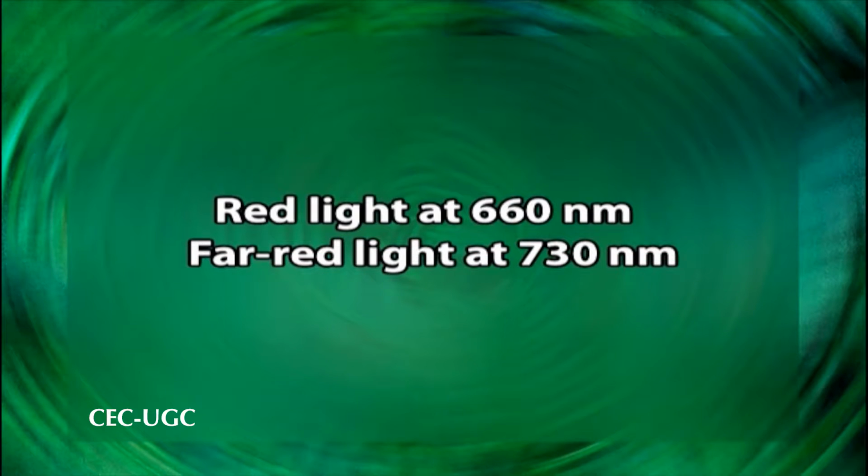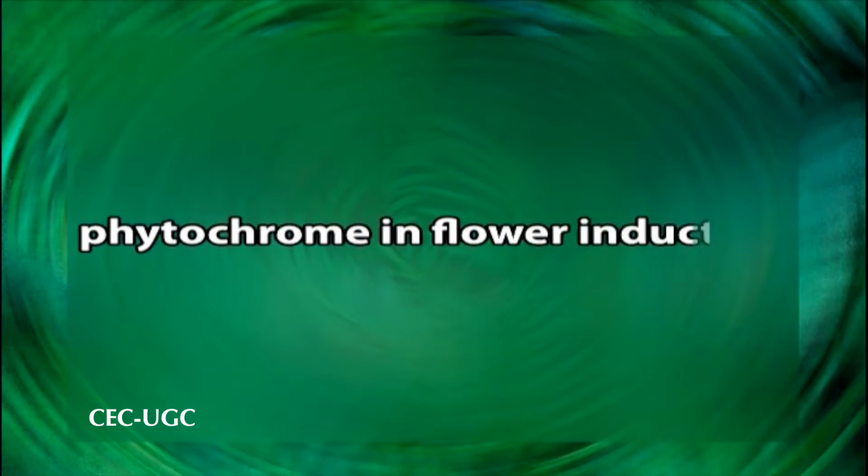Finer analysis of the active part of the light spectrum in flower induction reveals that red light at 660 nanometer and far red light at 730 nanometer of wavelength are most effective in inducing or inhibiting flower initiation. Role of phytochromes in flower induction.